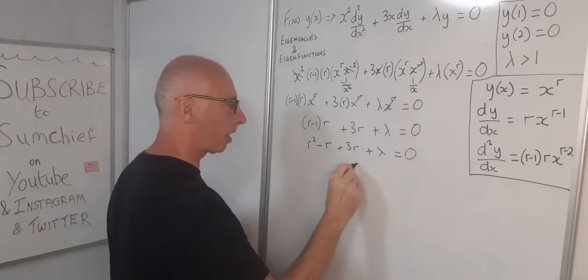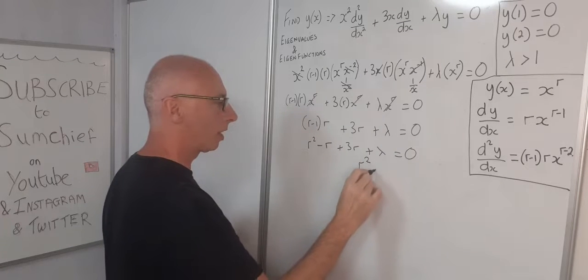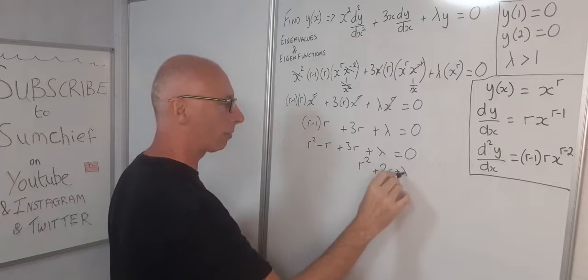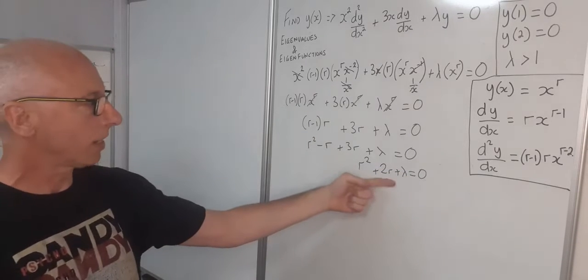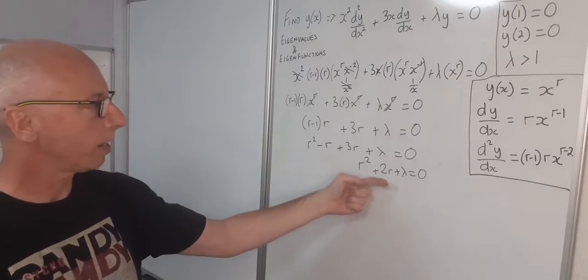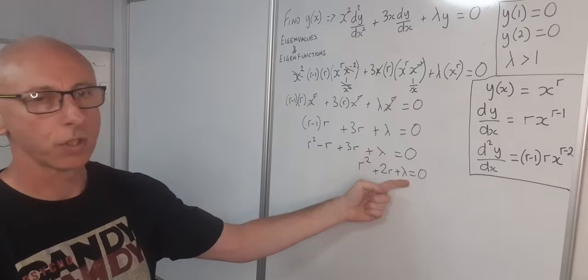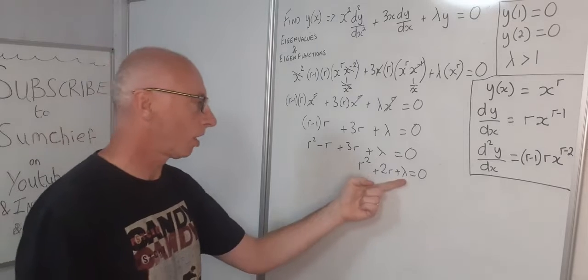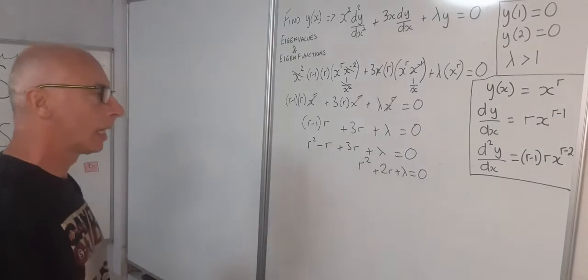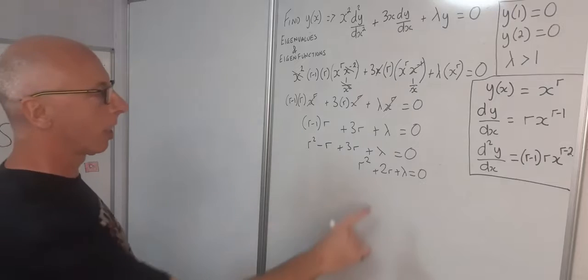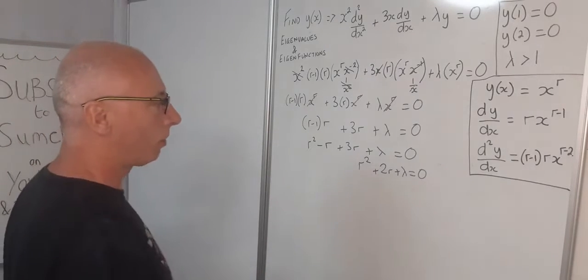That's going to simplify massively to r squared plus 2r plus lambda equals 0. So that's our quadratic. So we've got r squared plus 2r plus some integer or coefficient or multiple, whatever we want. Some constant, sorry.